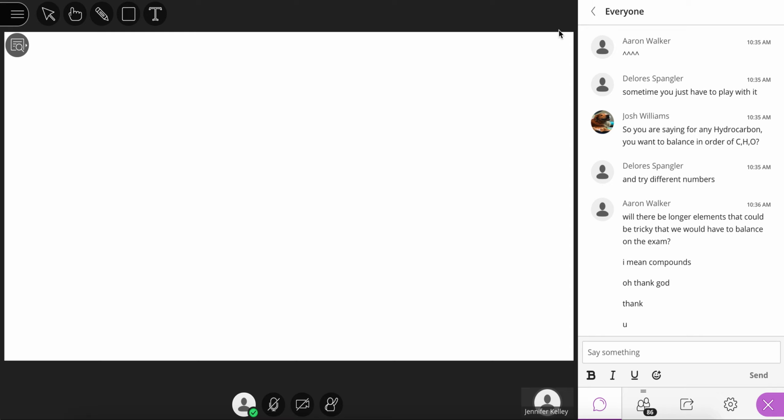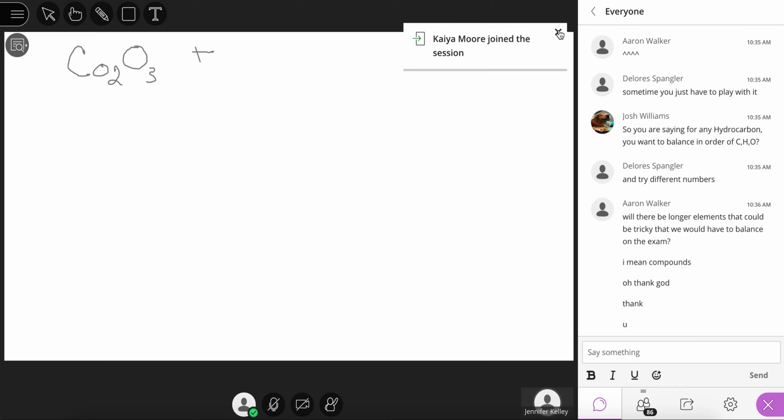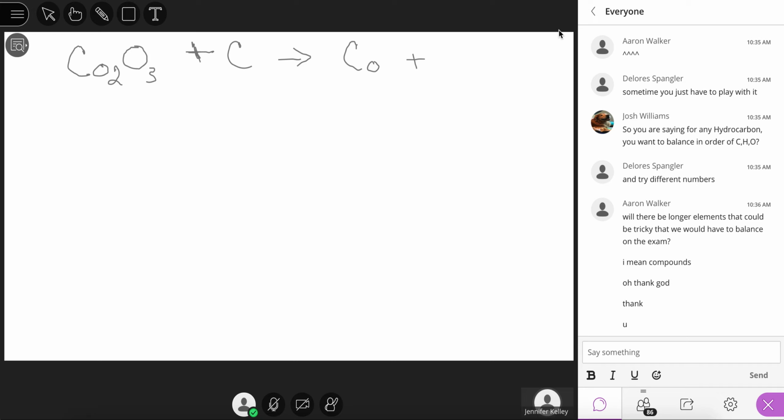Okay, so I have cobalt oxide, and then I have carbon, and that's going to make cobalt and carbon dioxide. Sometimes you don't really know what it makes.